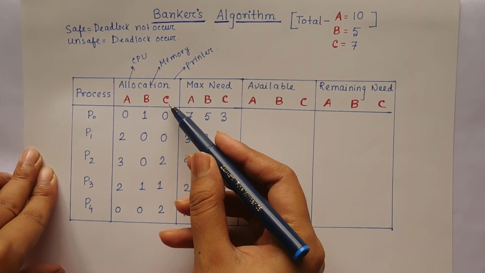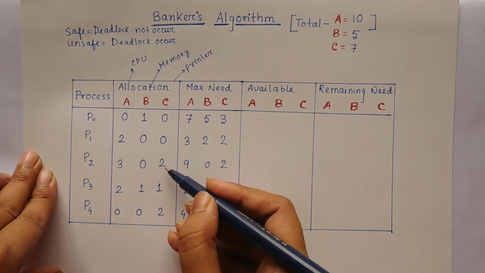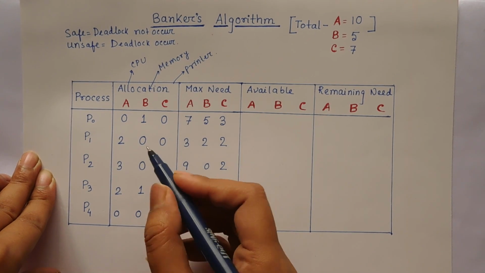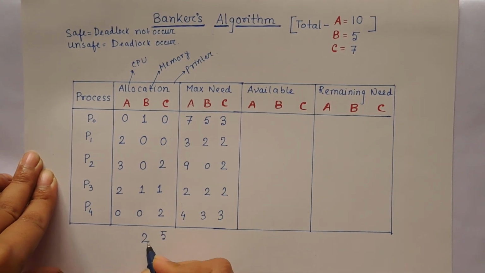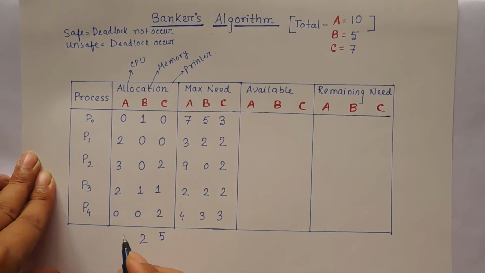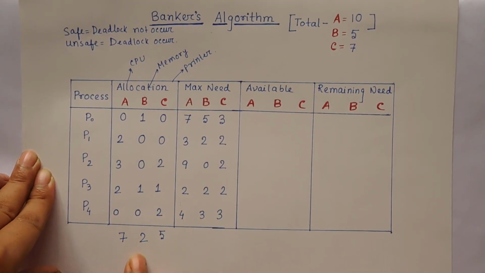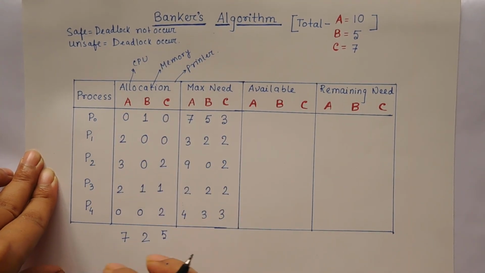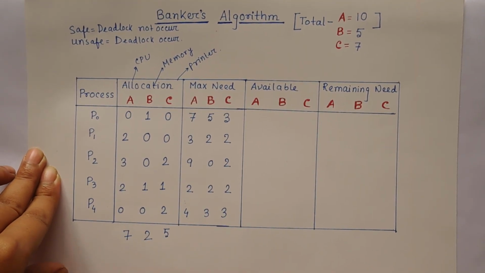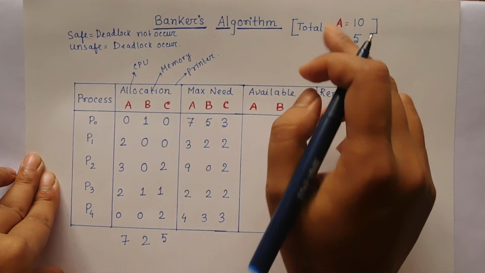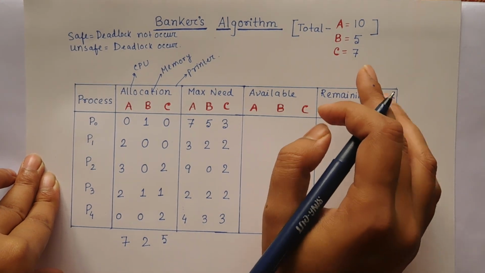For C the total number of instances is 5 already allocated, for B it is 2, and for A it is 3 plus 2 plus 2, that is 7. That means these instances of the resources are already allocated to the processes.